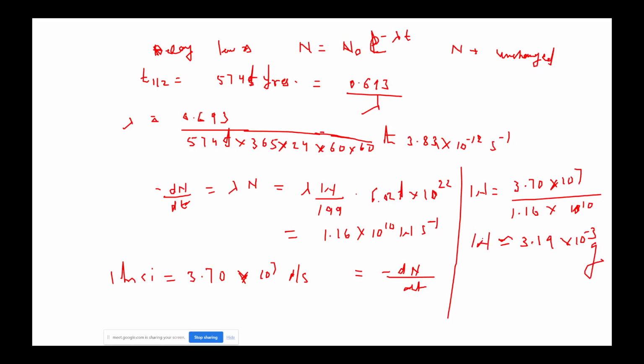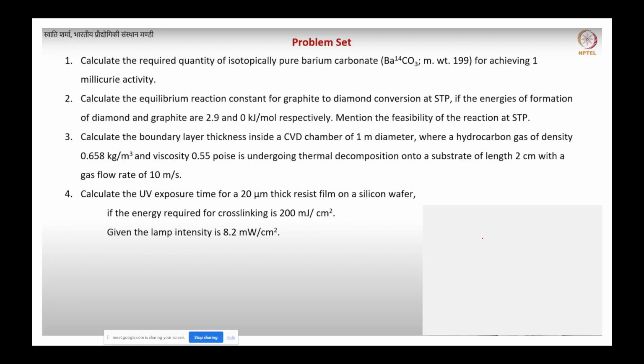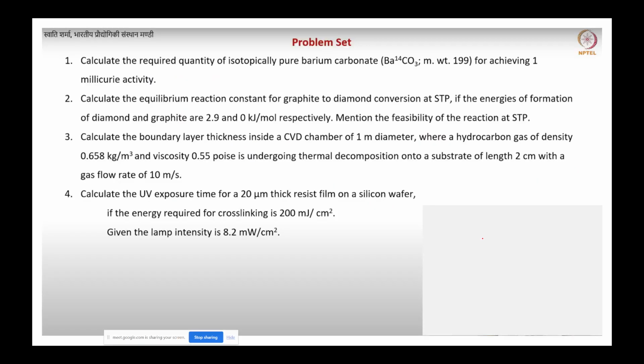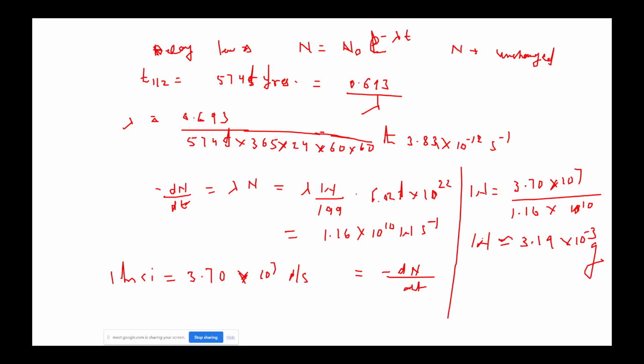So this is the required quantity. So W equals 3.19 into 10 to the power minus 3 gram. Okay, clear? I hope this is clear. If not, then just let me know.